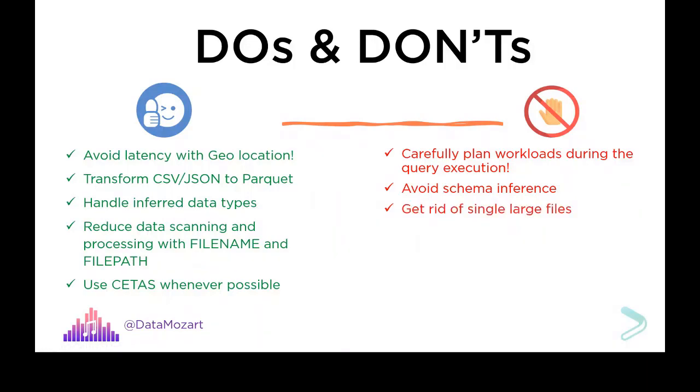Instead, if you have an extremely large file, split it into multiple smaller files and use file name and file path functions to reduce the amount of data that needs to be scanned and processed. With that in mind, Microsoft recommends, for example for CSV files, that the optimal data size is between 100 megabytes and 10 gigabytes.